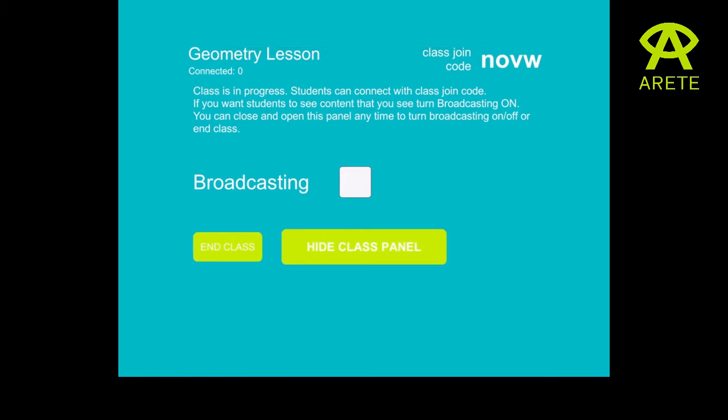It's just been posted in the chat by Daria. You can see that the joining code has 4 letters in our case. It's NOVW. And on the screen, you can also see how the teacher sees the screen.